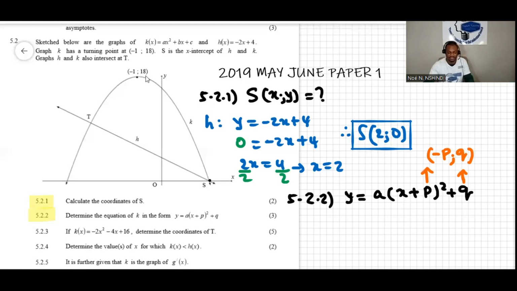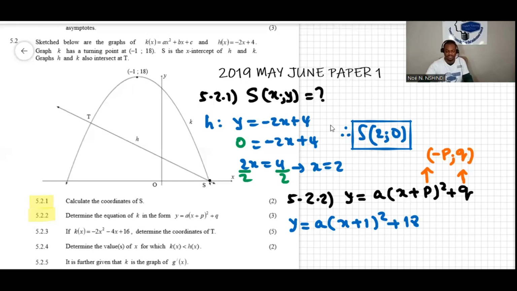So we will write y equal to a(x minus p). Minus p is the turning point, so minus p is equal to -1, which means p is just 1. So over here we're going to write (x plus 1) to the power of 2, and then plus 18, the other coordinate q of the turning point.